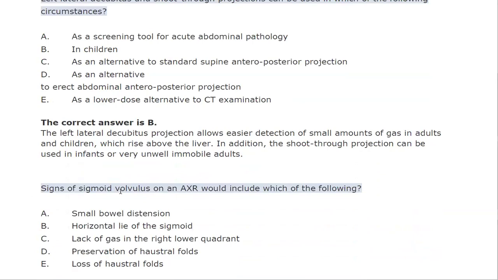Signs of sigmoid volvulus, this is quite away from the next step, but let us give it a look here. Signs of sigmoid volvulus on an abdominal X-ray would include which of the following?